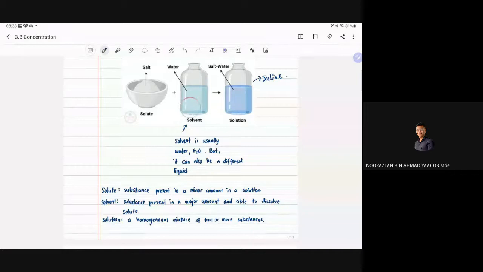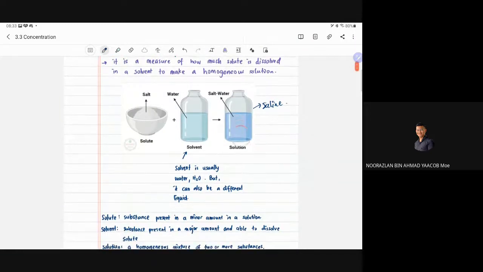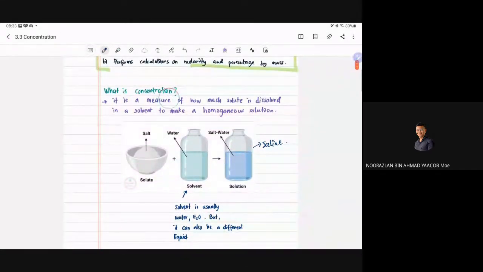So solvent itu bahan yang boleh melarutkan solute, okay, dan selalu dia ada dalam kuantiti yang banyak. Whereas solution is a homogeneous mixture of two or more substances. So solute and solvent make a solution. Okay. So this is the process to make a solution, and from this solution we can measure the concentration by doing some sort of calculation. Okay.